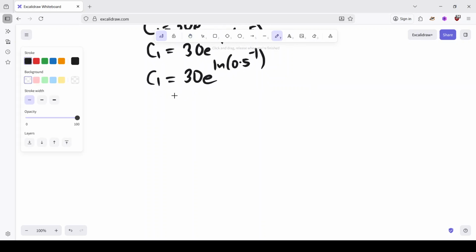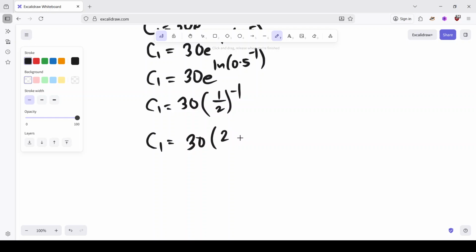So c1 is equal to 30 times 0.5 raised to negative 1. 0.5 is 1 half raised to negative 1, which simplifies to 2. So c1 now is equal to 60. Let's take note of this.